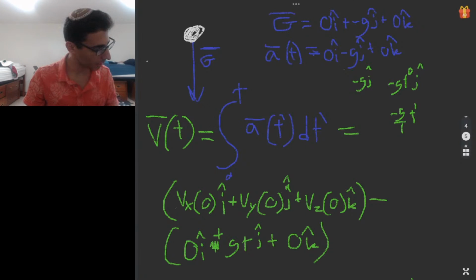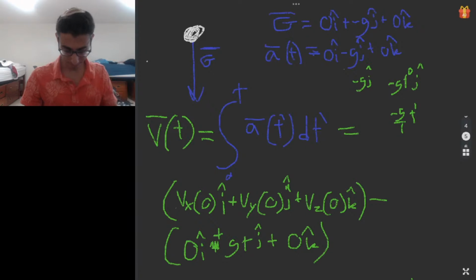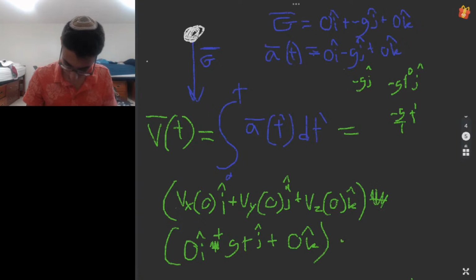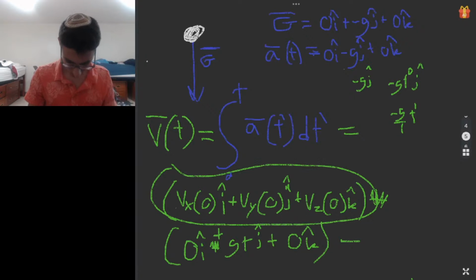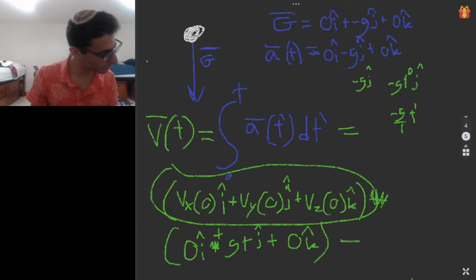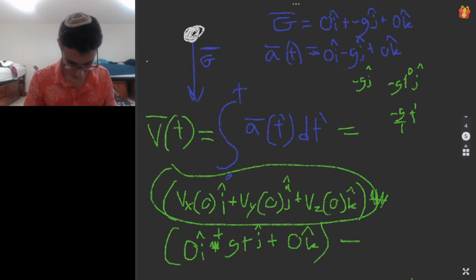Why is it that my understanding of this isn't working? Ah, because I'm doing this backwards. It's not this minus that, it's this minus this. No, it's not. Hold on. No, it's not, because then this is 0, and this is not supposed to be 0.